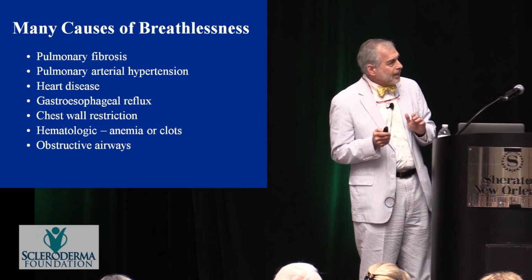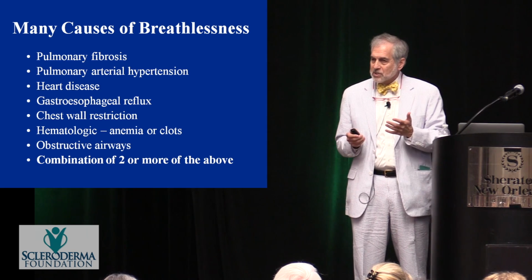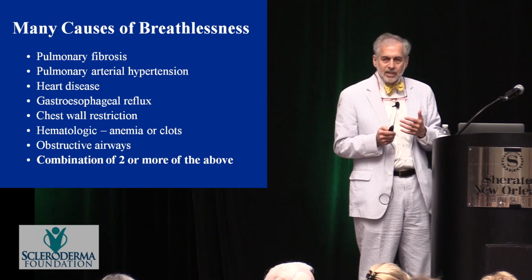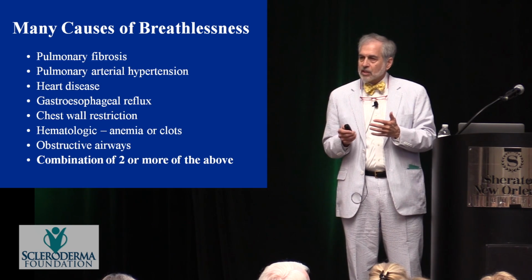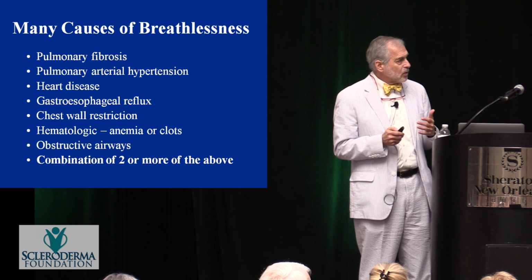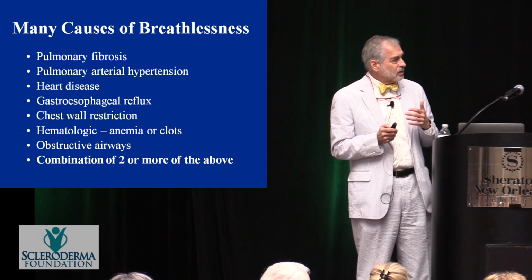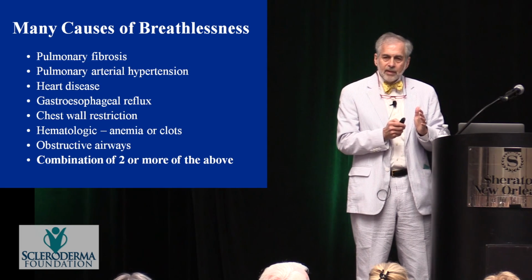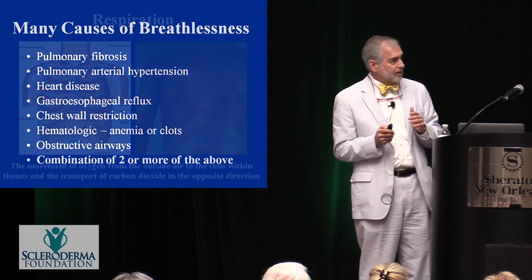In addition to all of these causes, you have to keep in mind, Hickam's dictum says it can be multiple different ones, combinations of these, and sometimes it takes a lot of different expertise to sort this all out. So these are the major causes, and now we're going to transition from this introduction into the mechanics and the physiology of breathing.